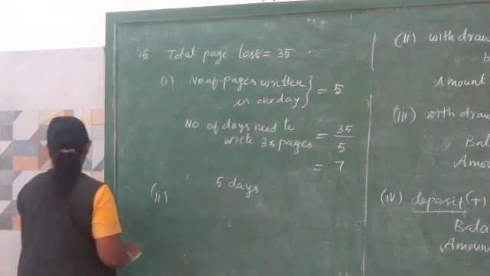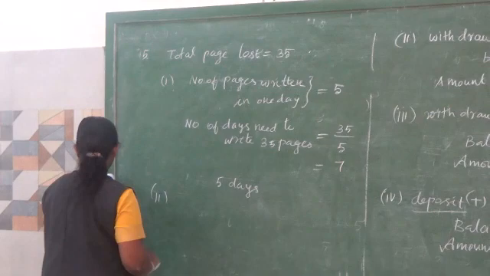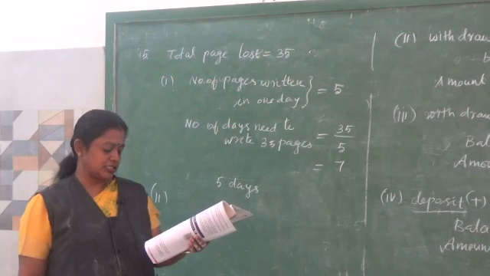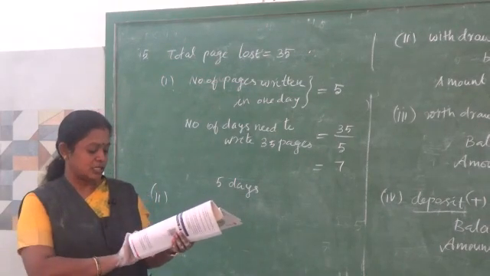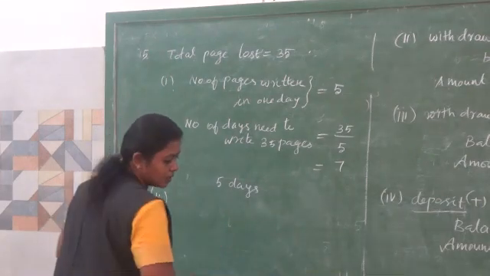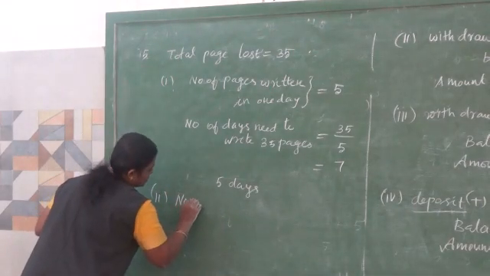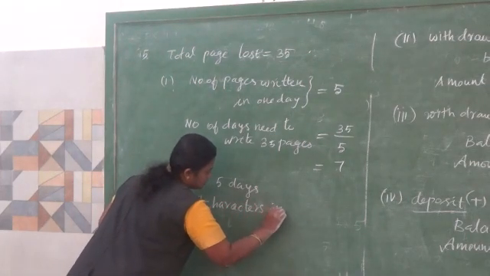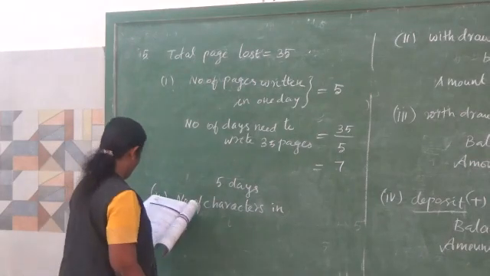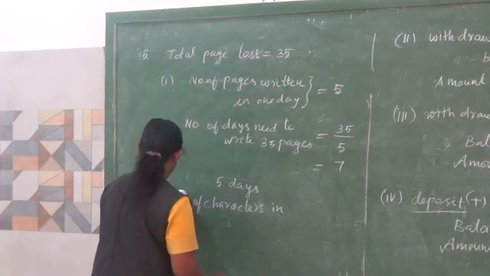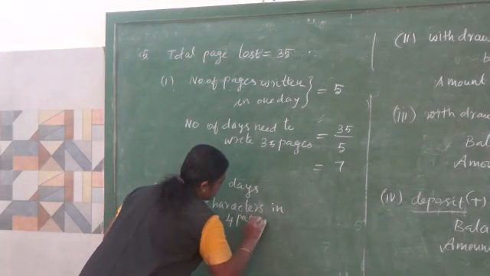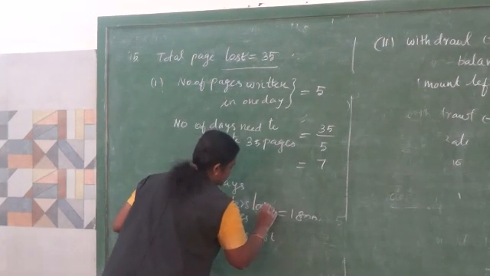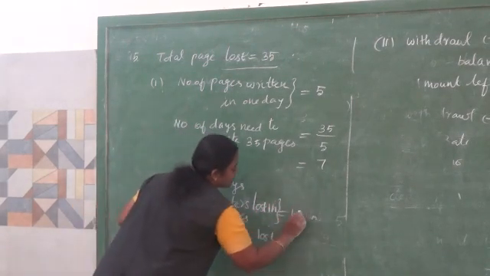Second option is, if 4 pages contain 1800 characters, letters, how many characters were lost? So the number of characters lost in 4 pages equal to 1800.